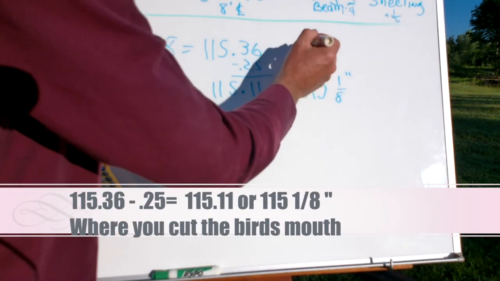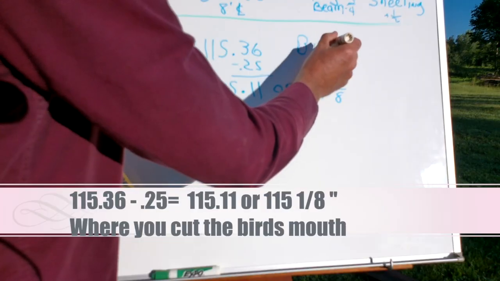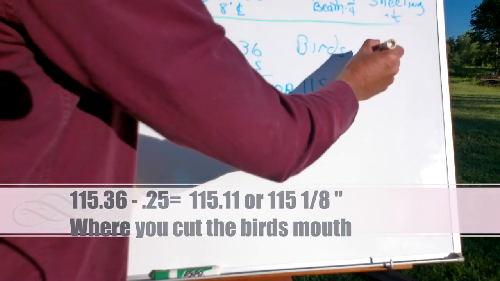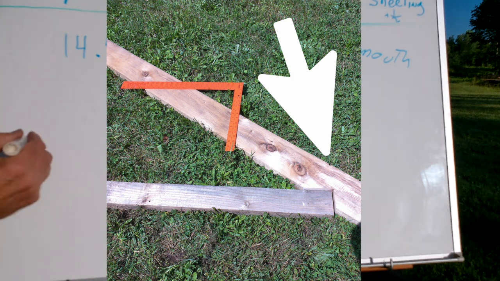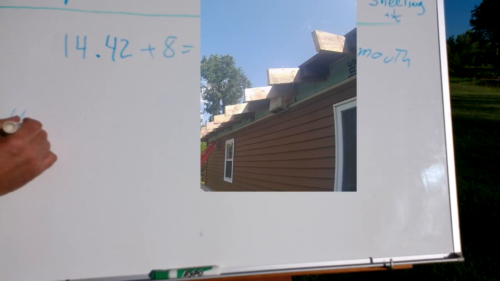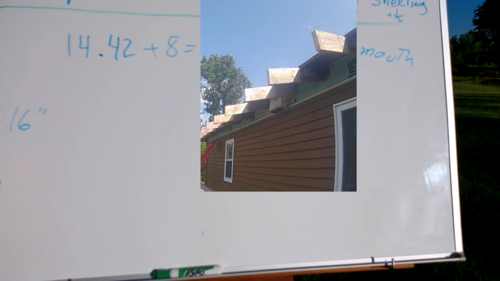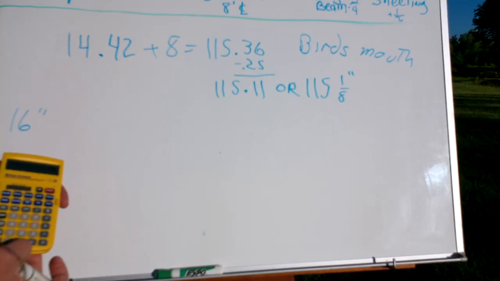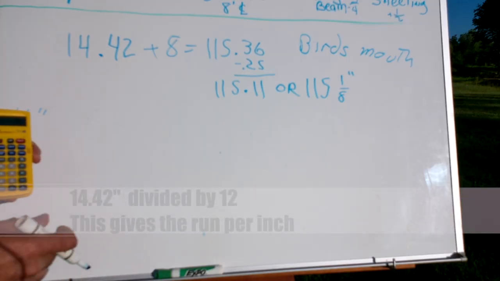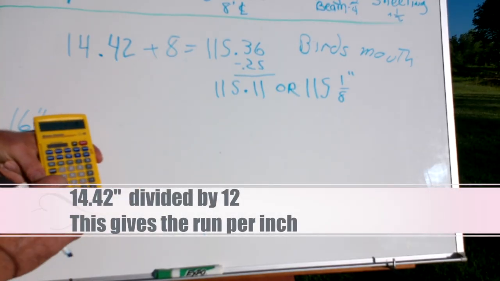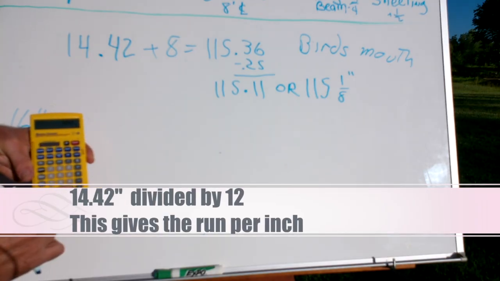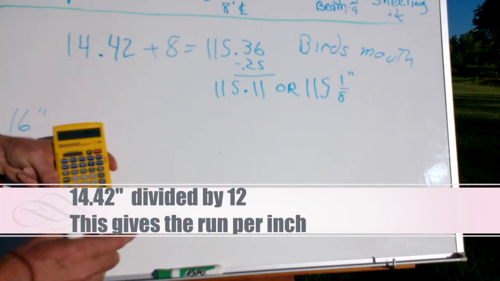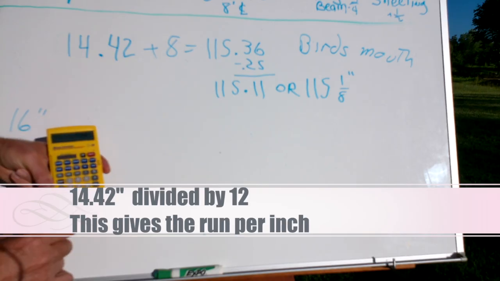This is bird's mouth. We have a 16-inch overhang. And what we got to do is you got to take your 14.42, the length for every one per foot. That's the run per foot.